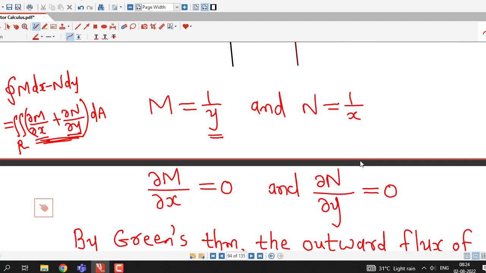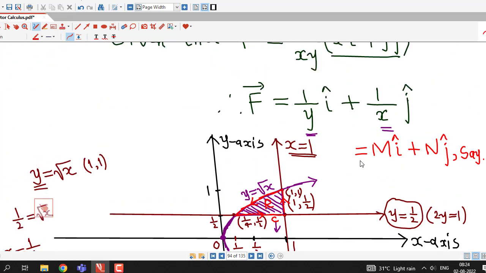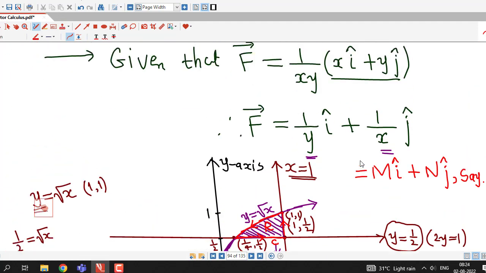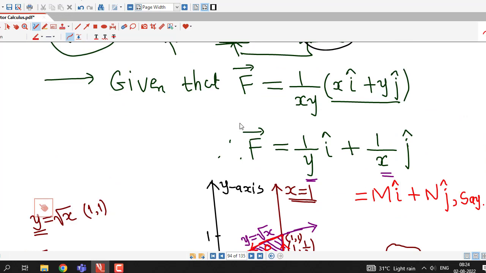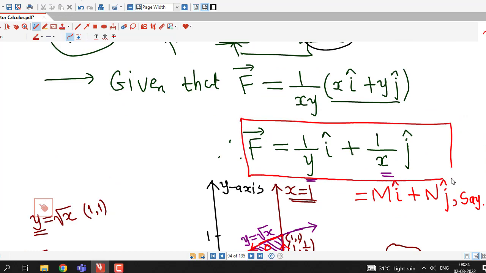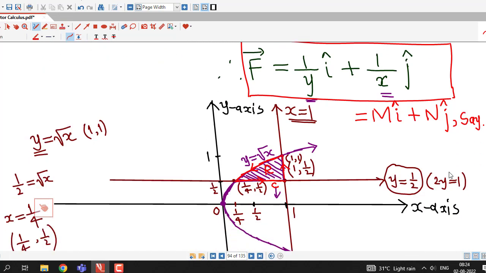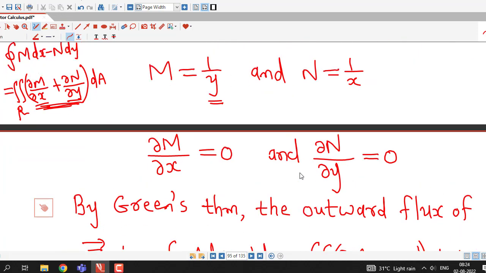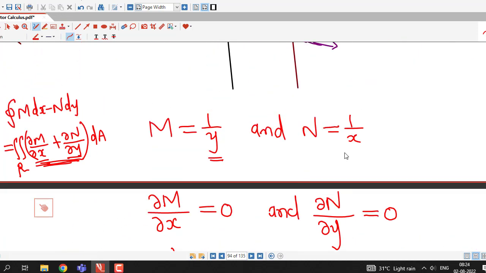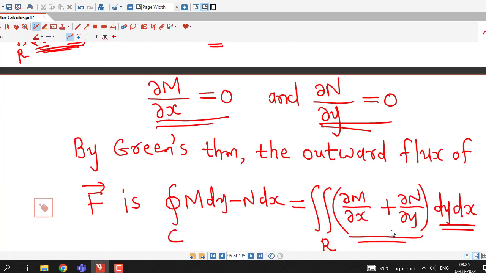Here it is not necessary to sketch the region of integration, but we have sketched it to check whether our function f bar is defined at every point on the region as well as on its boundary. That is the reason I have sketched the region. Otherwise, first you can decide what capital M and capital N are, then evaluate the partial derivatives and their sum.